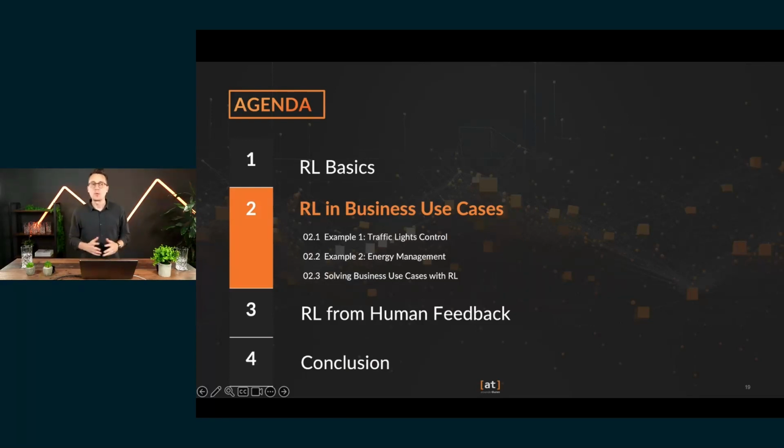And in the next part, we would like to focus on how we can use reinforcement learning in the business domain and in solving a huge variety of different business use cases. What we would like to do here is give you 2 examples or success stories of reinforcement learning. The first one is about using reinforcement learning in traffic lights control.